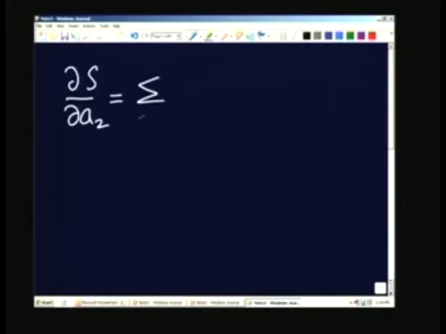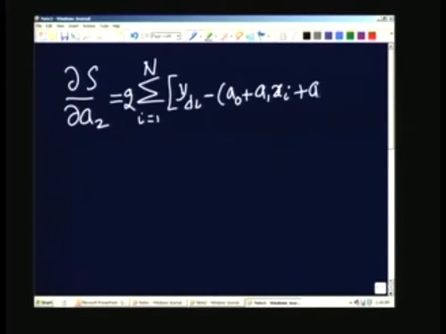This will be sigma i equal to 1 to n, two into y data i minus a naught plus a1 xi plus a2 xi squared, multiplied by, since I am differentiating with respect to a2, xi squared.